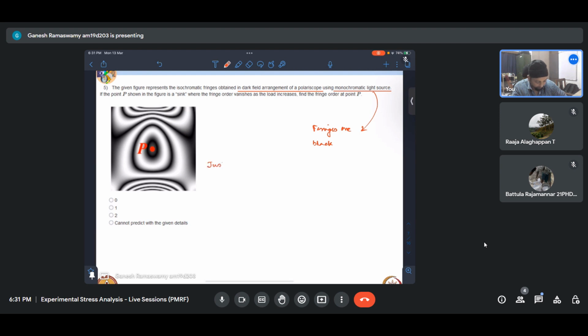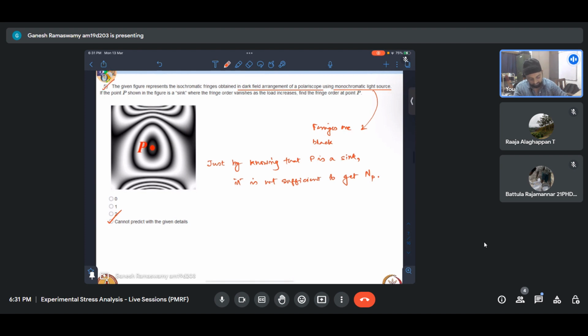Just by knowing that P is a sink, it is not sufficient to get the fringe order at point P. So we can't get it unless we have some more information. I hope that this is clear.